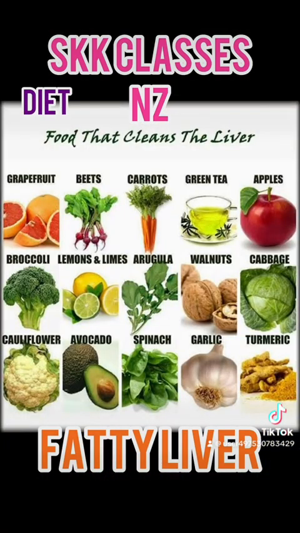Now see in this picture, this is the type of food that can help clean the liver if you have a fatty liver: grapefruits, beets, carrots, green tea, apples, broccoli, lemon, walnuts, cabbage, cauliflower, avocado, spinach, garlic, turmeric. These are the main foods that can clean or detoxify your liver, so that your condition will not get worse.